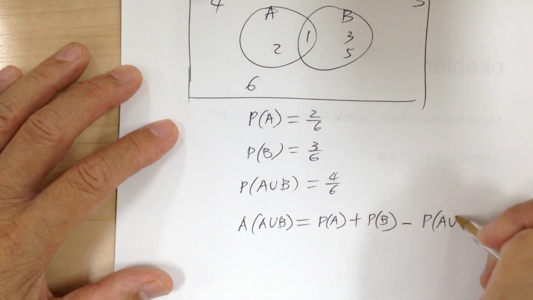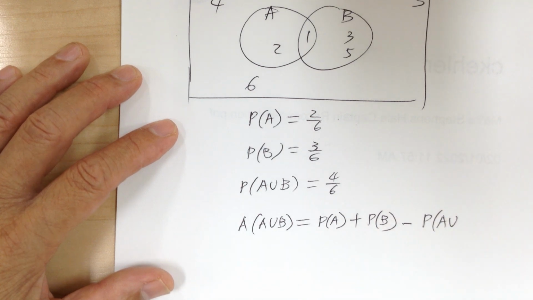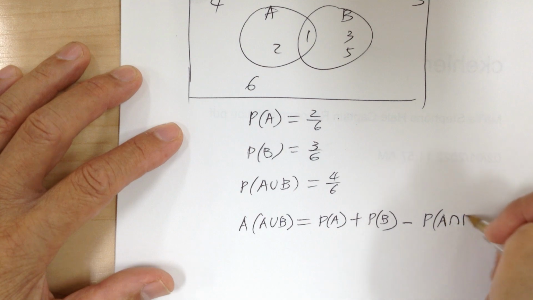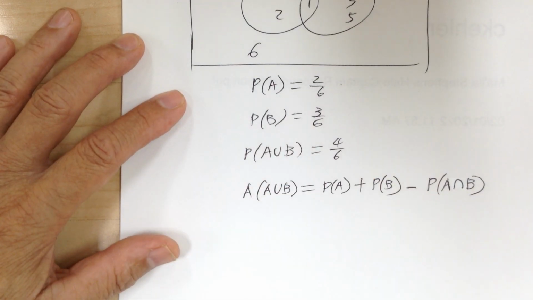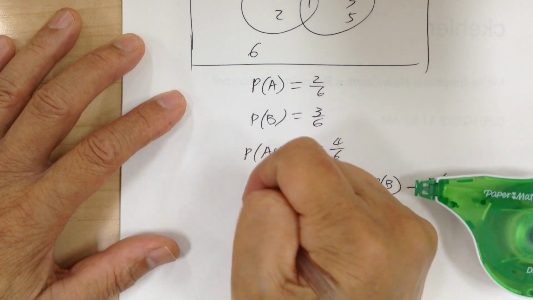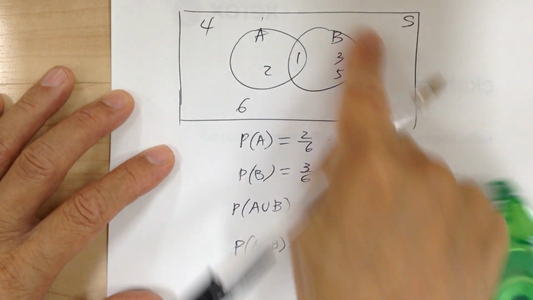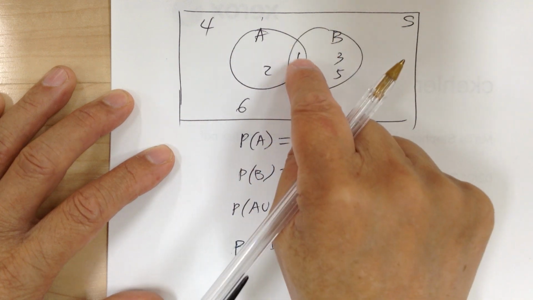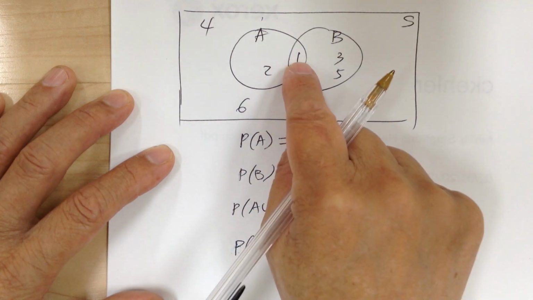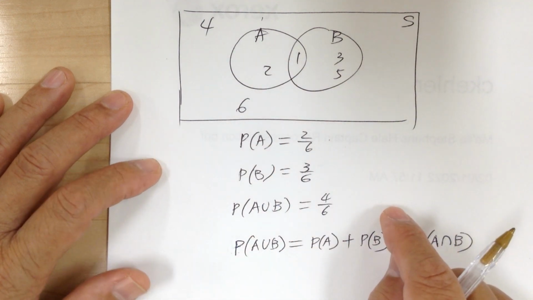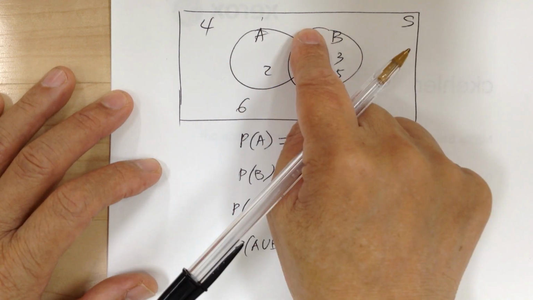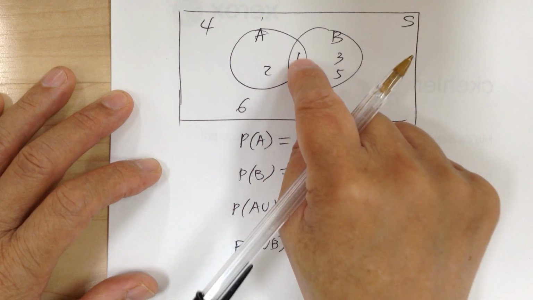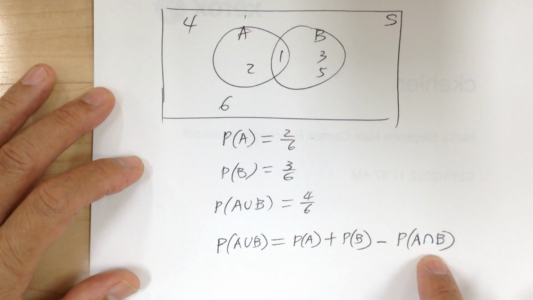So the probability of this whole thing is equal to the probability of A plus the probability of B, but this got counted twice, so you have to minus the overlap, the intersection. Again, use your common sense. This whole thing is equal to A plus B, but minus the part over here because this got counted twice.